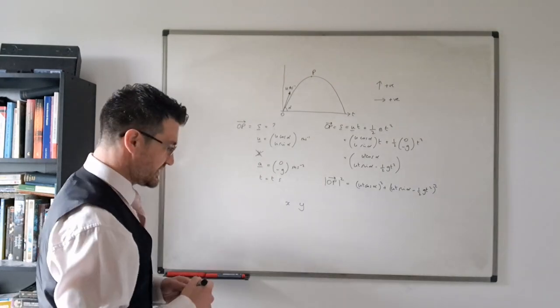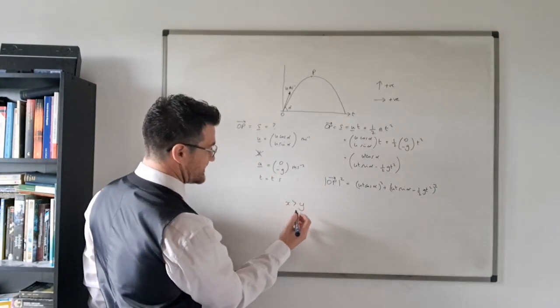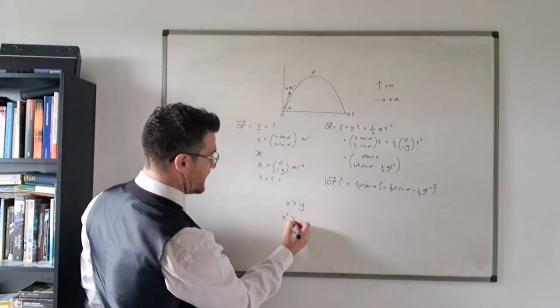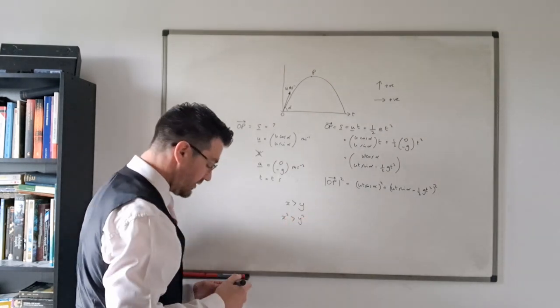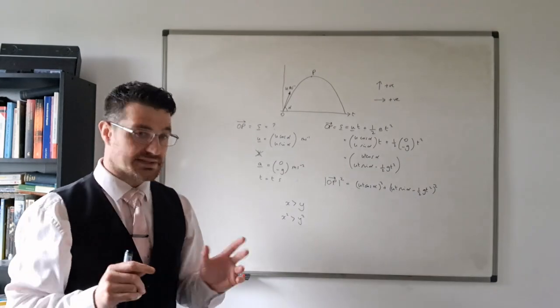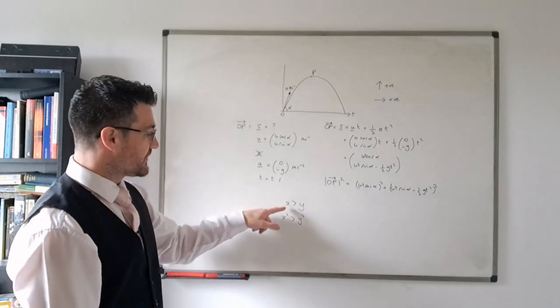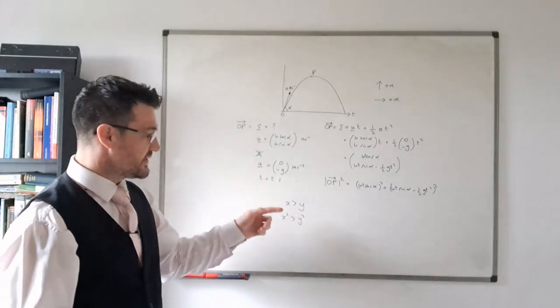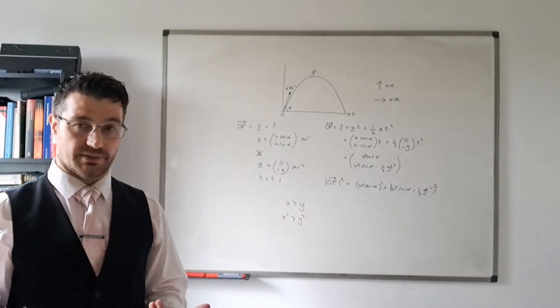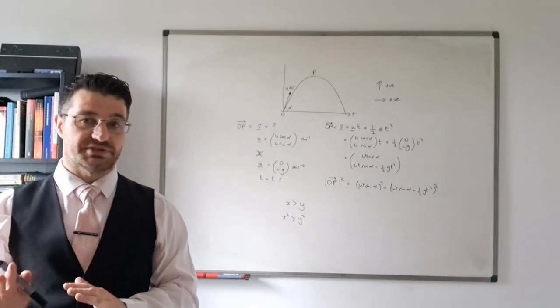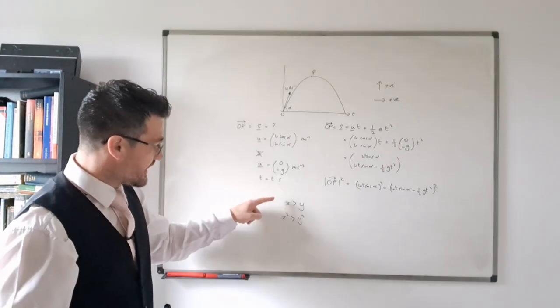And I know that x is greater than y. Then I know that x squared must be greater than y squared also. Now this wouldn't work if x could have positive and negative numbers. So for example, 3 is greater than minus 4, but 3 squared is not greater than minus 4 squared. But if I'm restricting x and y to just positive values, then I can deduce this.